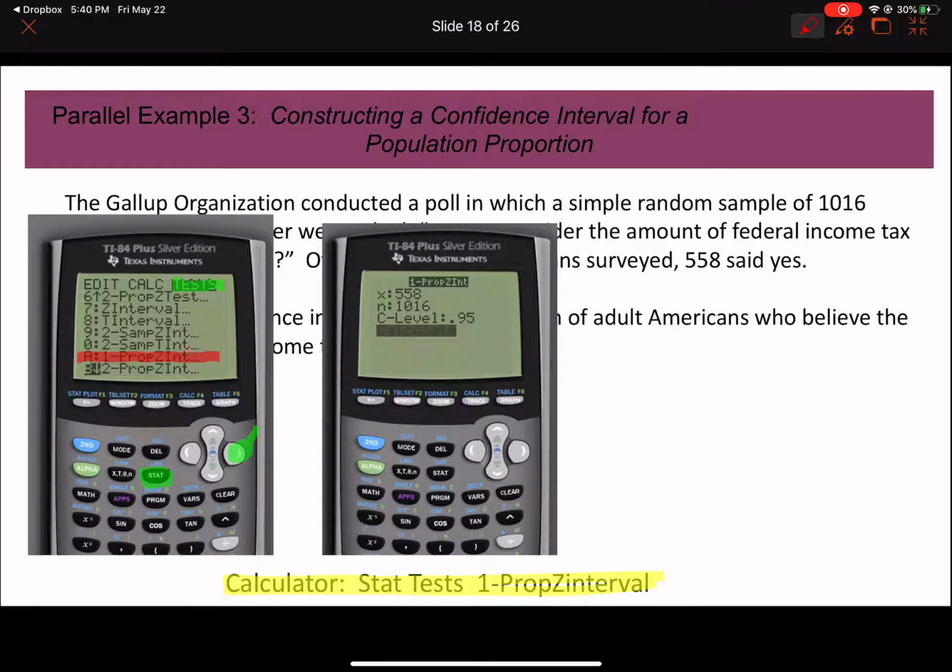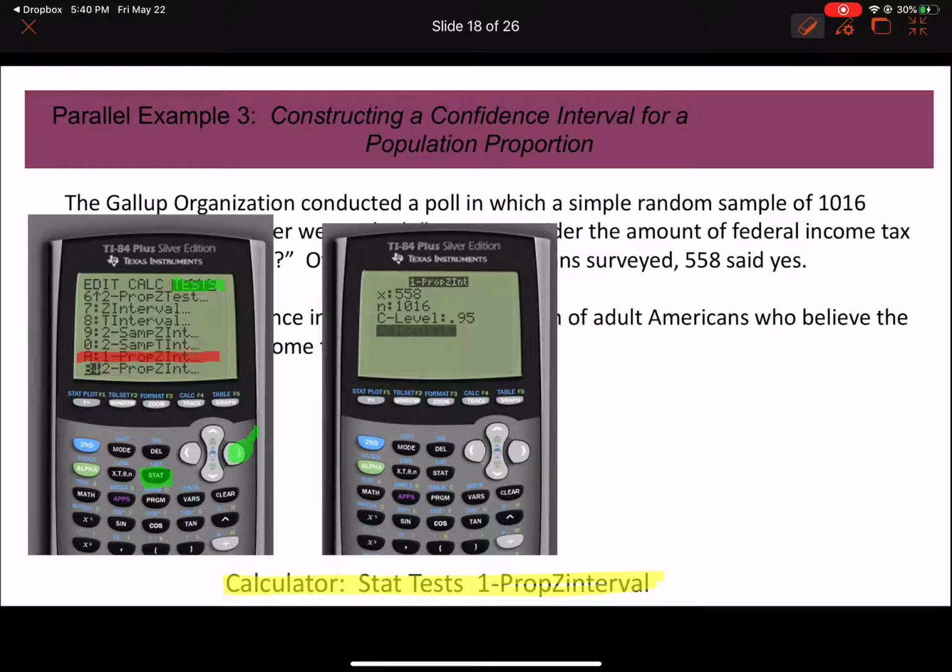Once you click on that, you put the number of successes you have, which is 558, then the total number of people polled, which is 1016, and the confidence level, 0.95. We're not doing the divided by 2 here or anything. Just do 0.95.